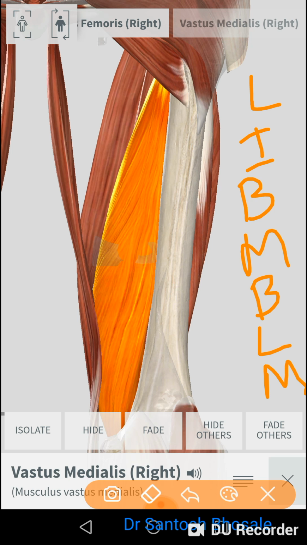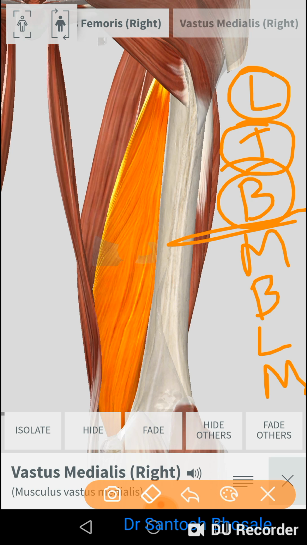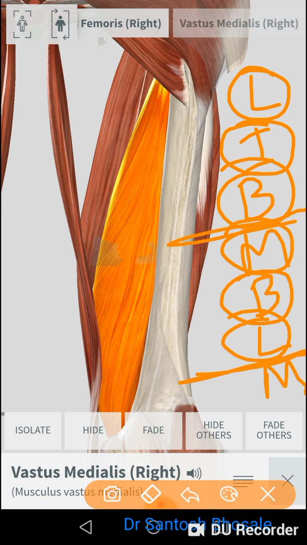This is vastus lateralis, then lateral intermuscular septa, short head of biceps femoris, and here you will have the posterior intermuscular septa, then adductor magnus, adductor brevis, adductor longus, then the medial intermuscular septa, then you have vastus medialis.